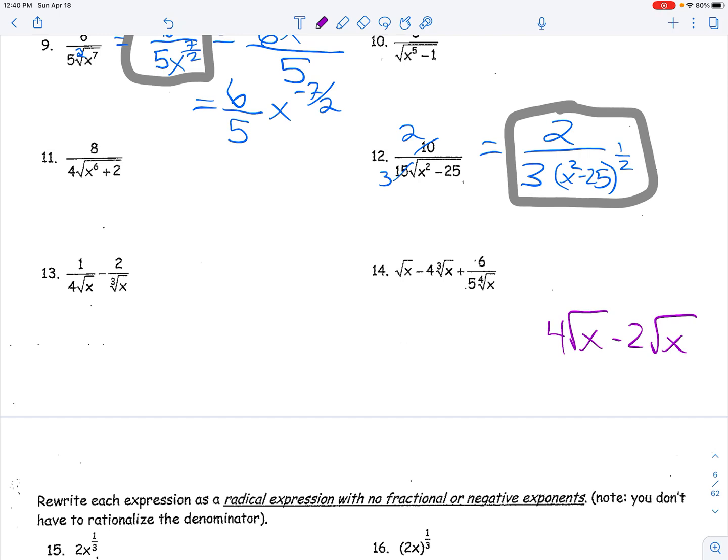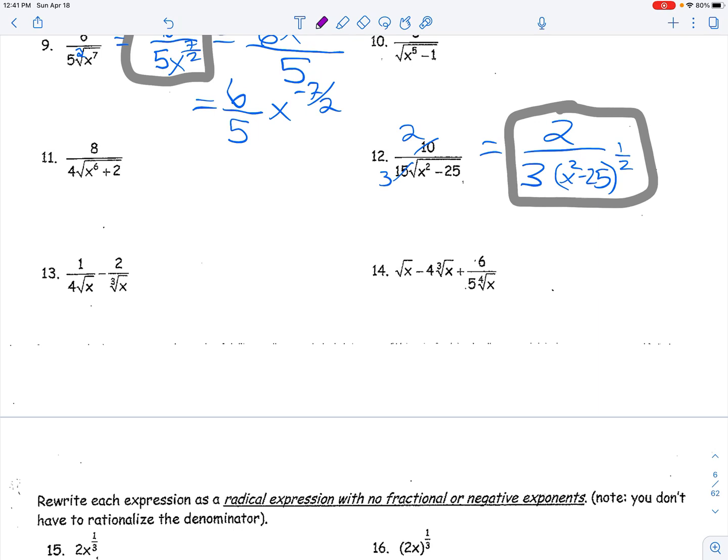That would be 2 radical x. You subtract the coefficients and keep the radical. And you don't have that here. So you cannot subtract that.